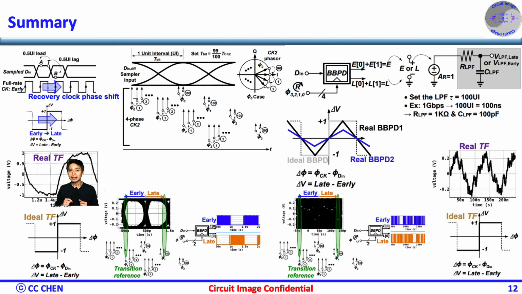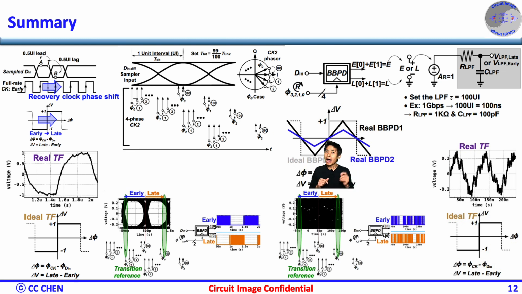The first case study was the original clear early/late region under wide open eye, such that the phase transfer is close to the ideal phase transfer of a bang-bang PD. Even though another closed eye did not provide a clear early/late signal region, the phase transfer was generated successfully with a degraded PD gain, which is okay due to the smoothing effect from the input jitter.